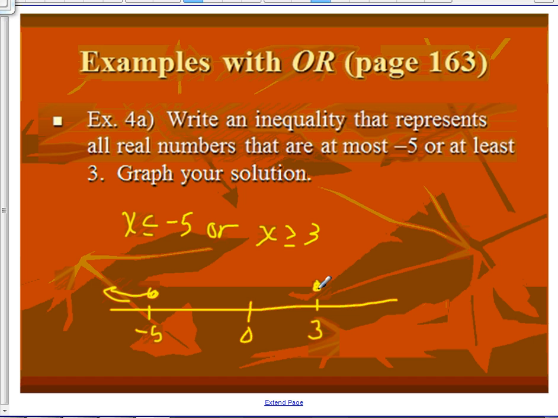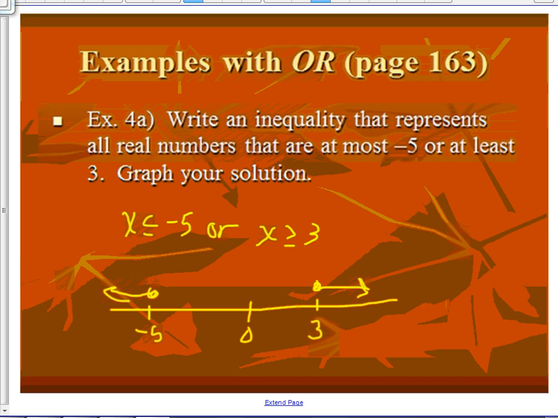X is greater than or equal to 3 means my arrow is going to go to the right. So what that means is all of the numbers that are above 3 and below -5 are the answers. That means everything in this middle section, -4, -3, -2, 0, 1, 2, do not satisfy this particular inequality. However, everything down here and everything up here do.